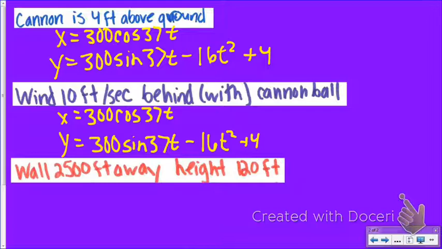Because it's behind the cannonball and with the cannonball, it's going to increase the speed. So we're going to add to it. And because it's a speed, I need to make sure I don't just put plus 10. It's a speed, which means I need to put plus 10t.